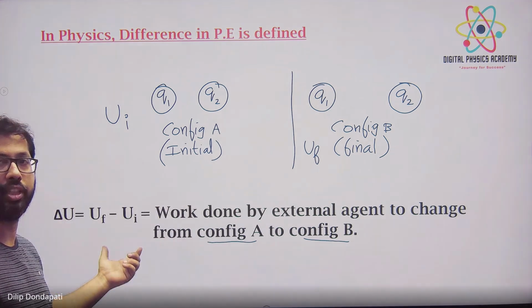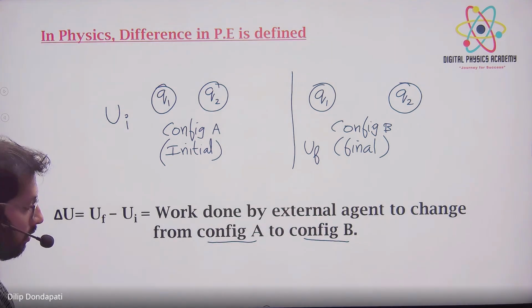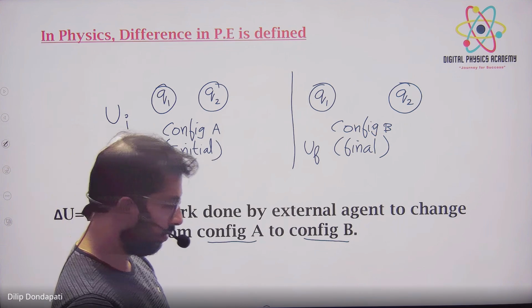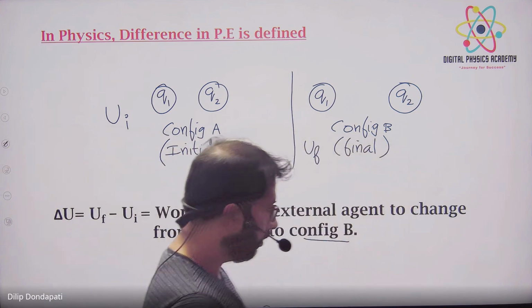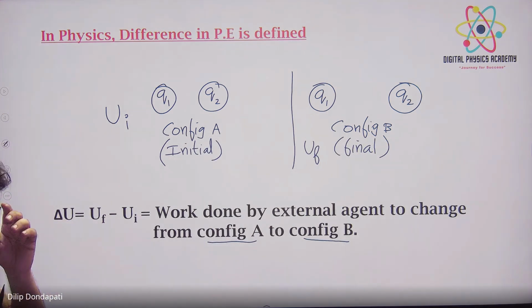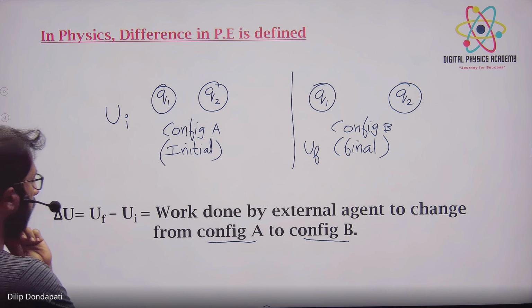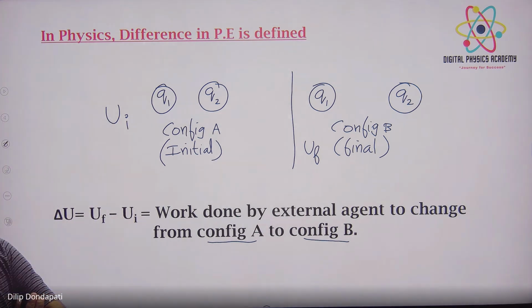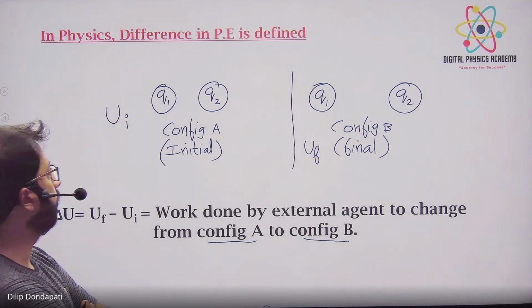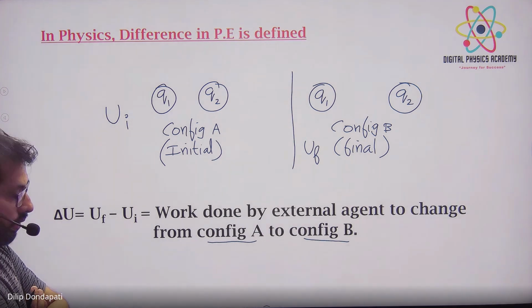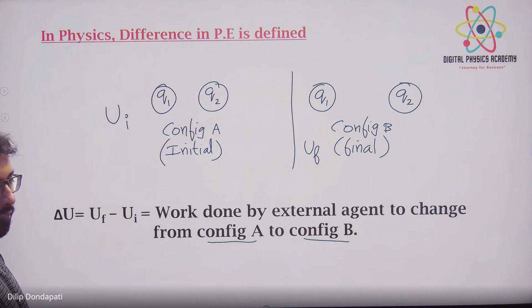Work done means you try to find the change in potential energy. Now, change in potential energy is work done by external agent.